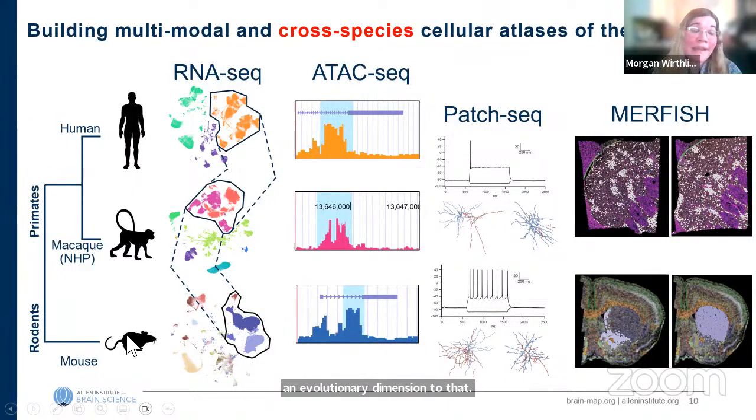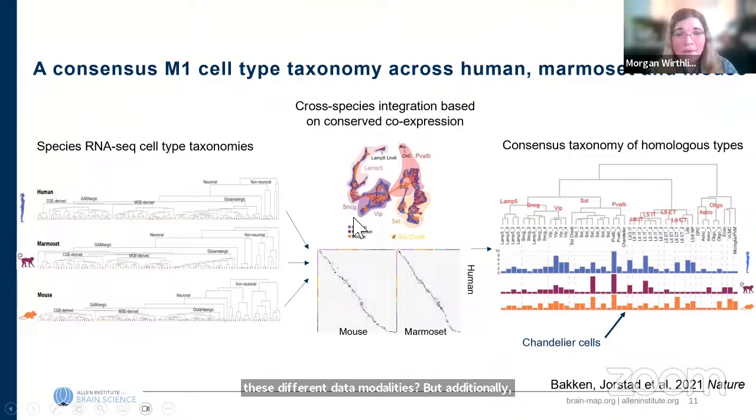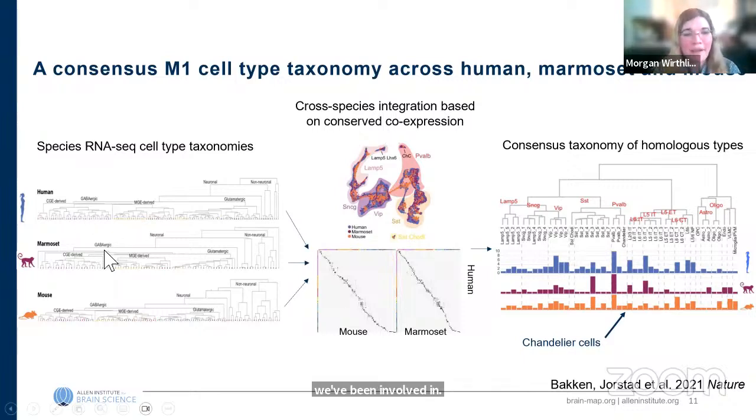What additionally can we learn by not just comparing all these different data modalities, but additionally considering how they've changed across evolutionary time? And Rachel already told you some of the great work that we've been involved in to put together primate and rodent taxonomies.